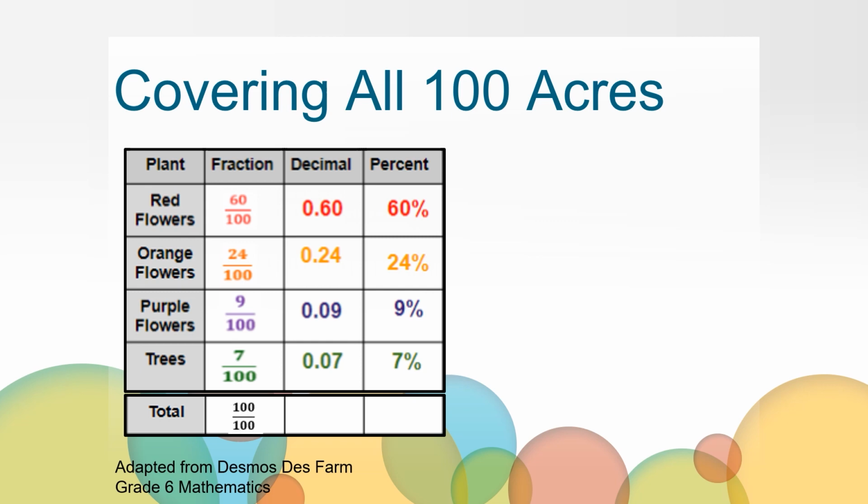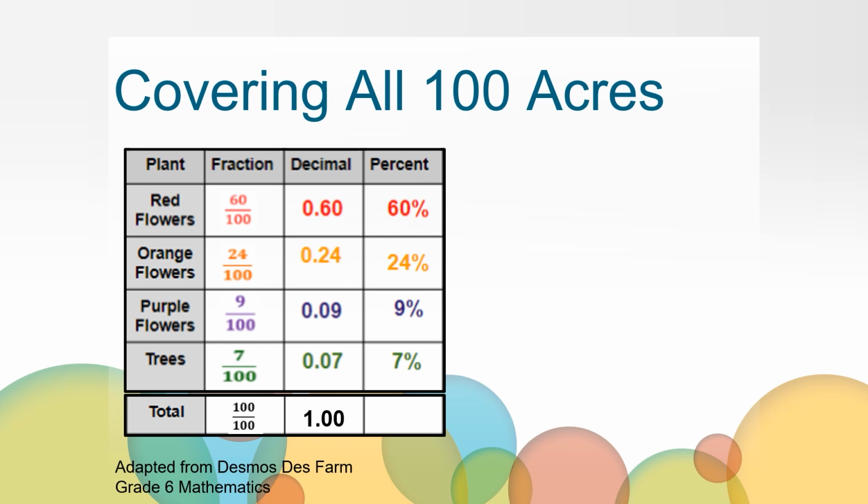I can also add the decimals. Sometimes I like to think about decimals as money. So if I add 60 cents plus 24 cents plus 7 cents plus 9 cents, it adds up to 100 cents or $1. Lastly, I know if I used all 100 acres, I would have planted 100% of flowers on 100% of the farm.